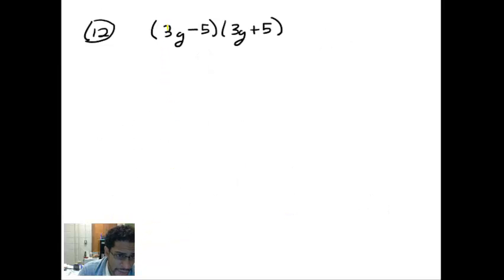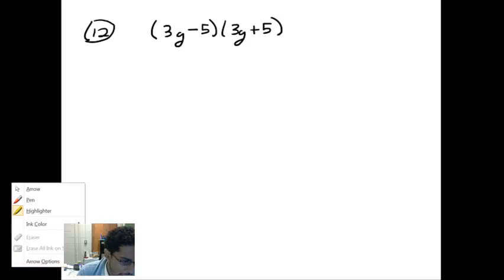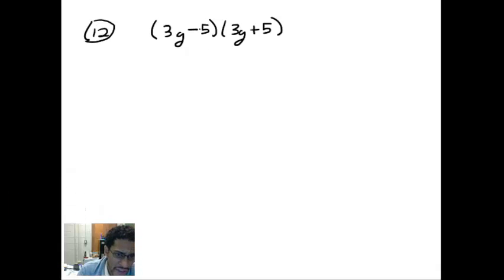And then we have our last one, 3g minus 5 and 3g plus 5. This is a special kind of factoring where the signs in between are different, but on the left and right you have the same thing. What's going to happen in this particular case is the middle terms are going to cancel out. Let's just FOIL it out. So we take the first guys, which is 3g times 3g.